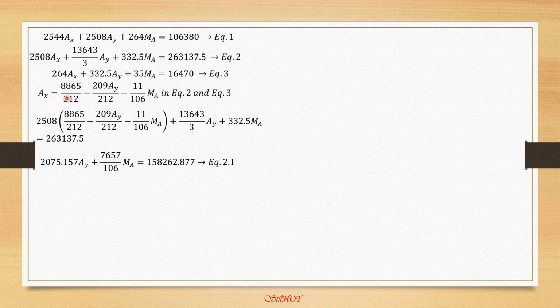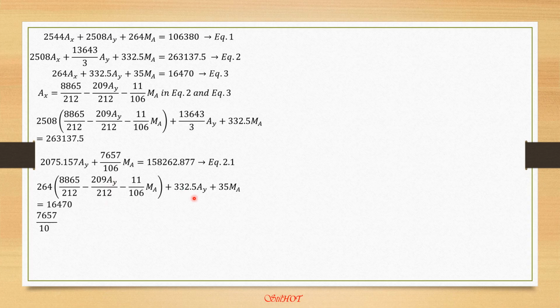Then this same value of AX into equation 3: 264 times 8865 over 212 minus 209 AY over 212 minus 11 MA over 106 plus 332.5 AY plus 35 MA equals 16,470. So again, we combine values for AY. We have 264 times negative 209 AY over 212 plus 332.5 AY.